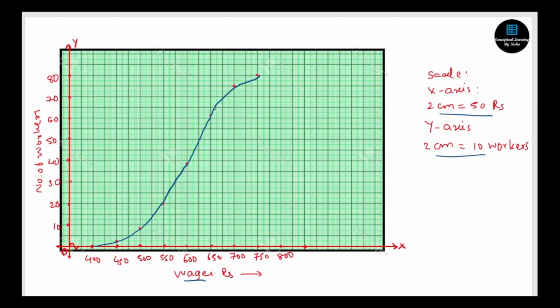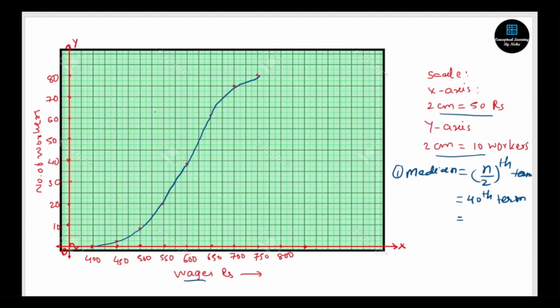Now to find the median value. Median is nothing but the n upon 2th observation, which is the 40th term, because the total is 80, correct. And what do we get from the graph?